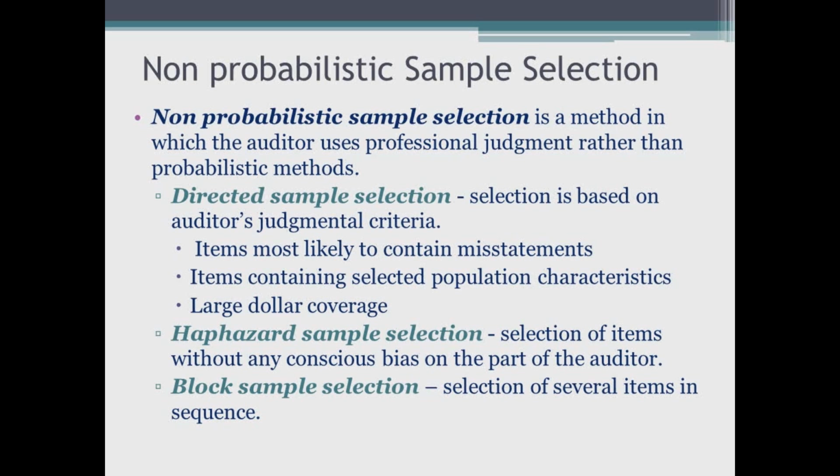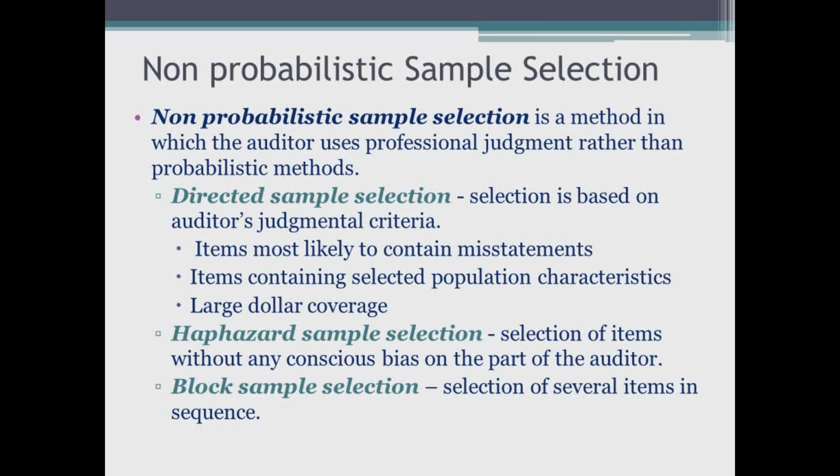So let's say, for example, you want to look at accounts receivable or sales in a particular business unit, or sales to particular customers. So the auditor identifies something about that population.